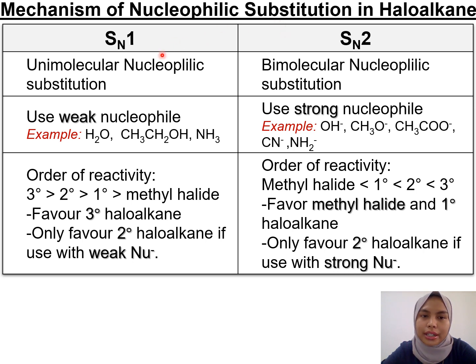Okay, kalau SN1, for now dulu, Miss nak kamu tengok the type of nucleophile yang digunakan. Kalau weak nucleophile, dia akan buat SN1. Kalau dia strong nucleophile, dia akan buat SN2. Okay, yang order of reactivity ni pasal the class of haloalkane tu, it will come later. For now, Miss nak kamu fokus on the strength of nucleophile untuk tentukan the type of mechanism yang haloalkane kamu akan buat bila dia undergoes the nucleophilic substitution.